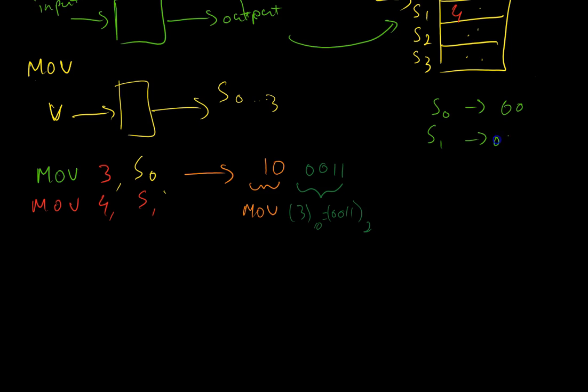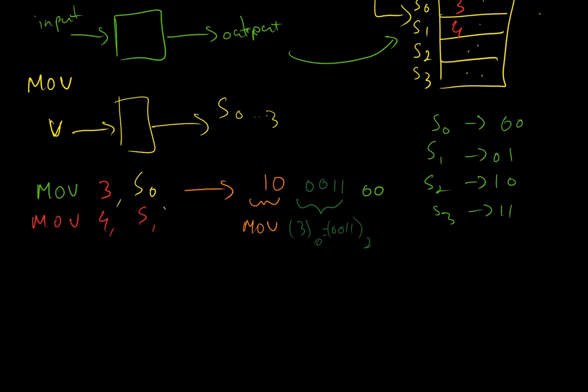S1 is going to be 0, 1. S2 is going to be 1, 0. And S3 means 1, 1. So the last 2 bits of our instruction is going to be what slot we put the value in. So here we're moving it into S0, so the last 2 bits are going to be the index of the slot.